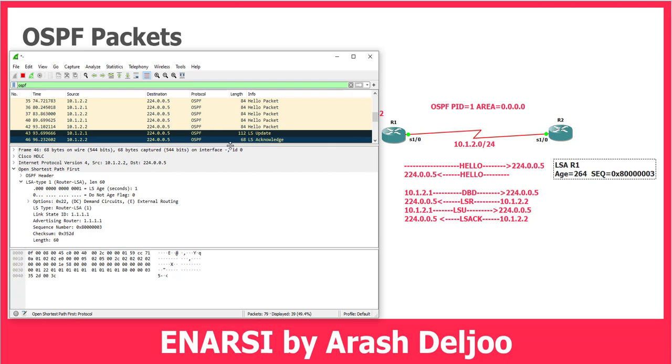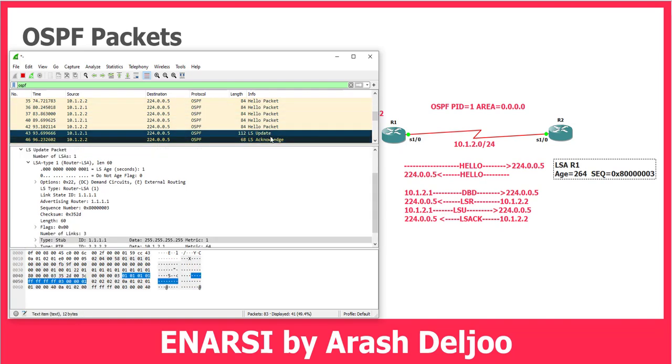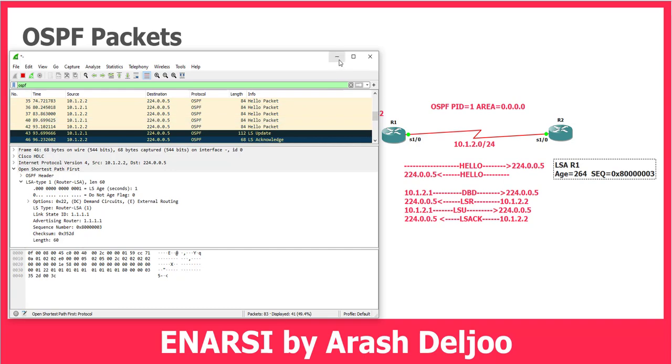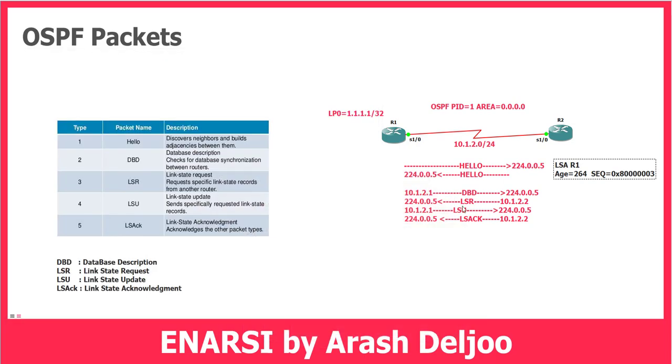Don't worry about the detail of this process. It is a little beyond the scope of this course, but in some cases you may encounter directly sending a link state update and receiving a link state acknowledgement. Actually, OSPF uses link state acknowledgement to acknowledge its packets. This means OSPF is a reliable protocol, but its reliability does not work like TCP.